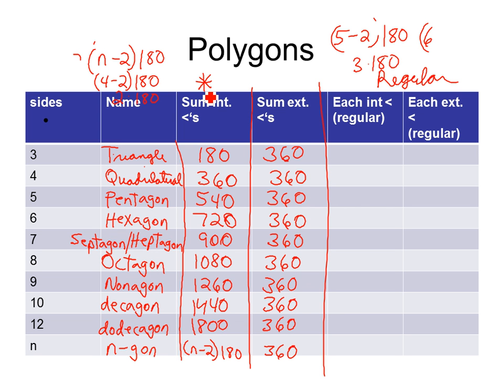So it's using the formula n minus 2 times 180 to find the sum of all the interior angles, then you divide by the number of sides, and that's going to give you each interior angle if it's a regular polygon.